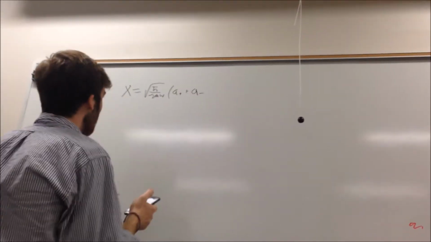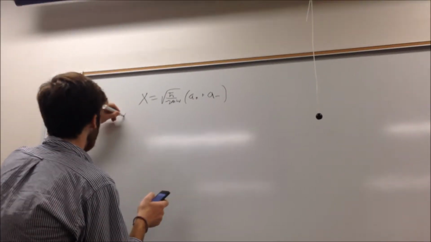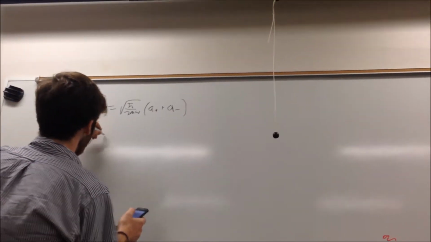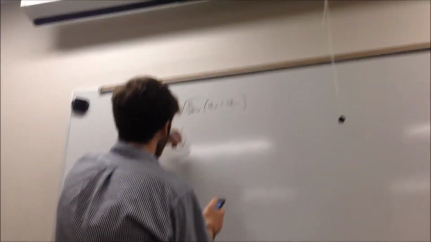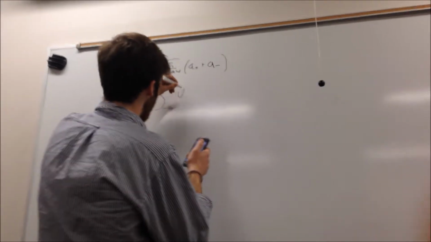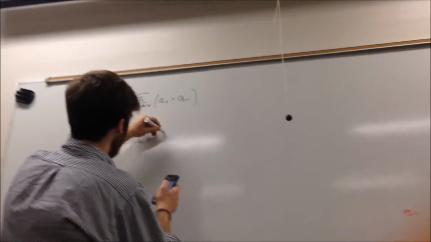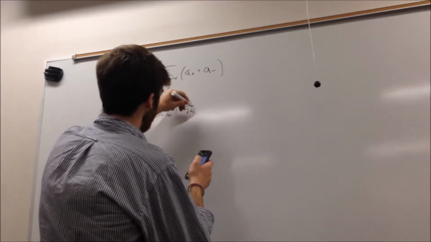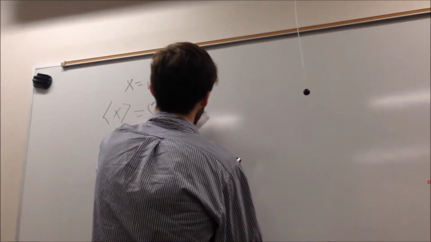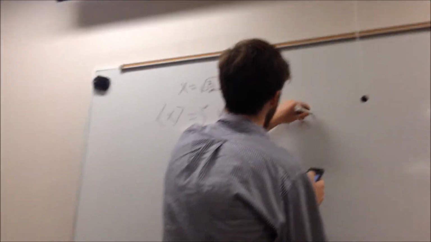So what we'll do then is operate on the wave function squared and say the expectation value of x equals the integral from negative infinity to infinity of psi star times the square root of h bar over 2mw times a plus a minus times psi dx.